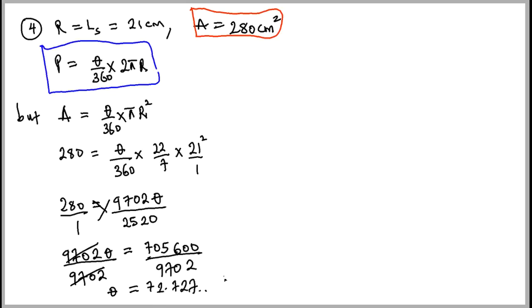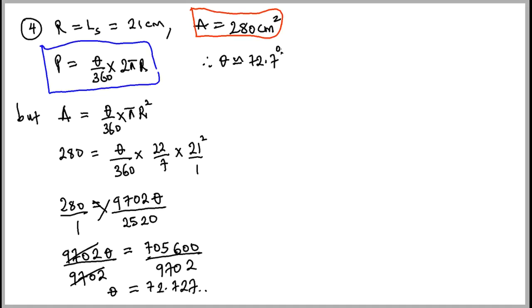Yes, this is not the final answer. We are trying to get the perimeter. So I would say that theta is now approximately 72.72. Okay, or let's do 73 degrees. Or let's just do it to 1 decimal place.